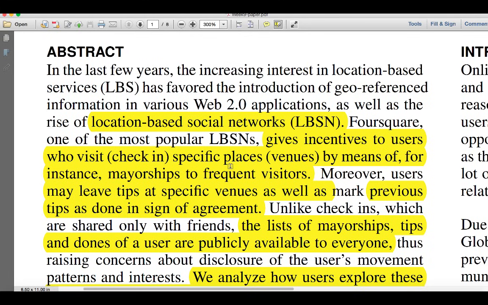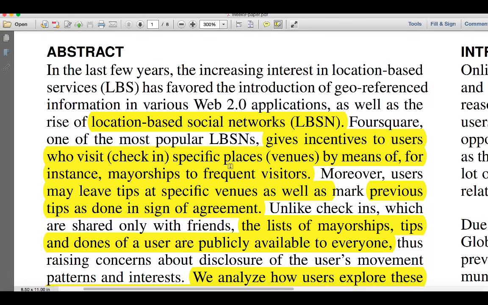And mayorship is for frequent visits. Mayorship is nothing but the person who has been to that place the most number of times in the last 60 days, which is, he has checked in at that location the most number of times in the last 60 days. That is the mayorship.